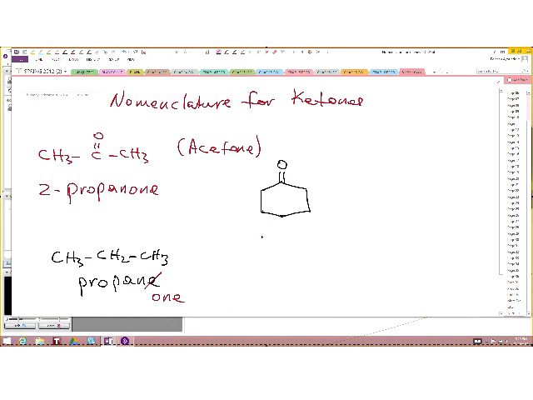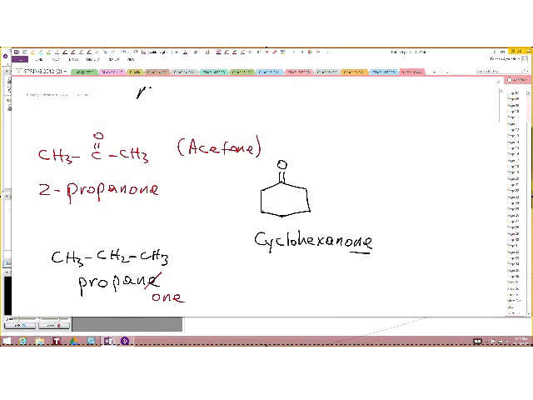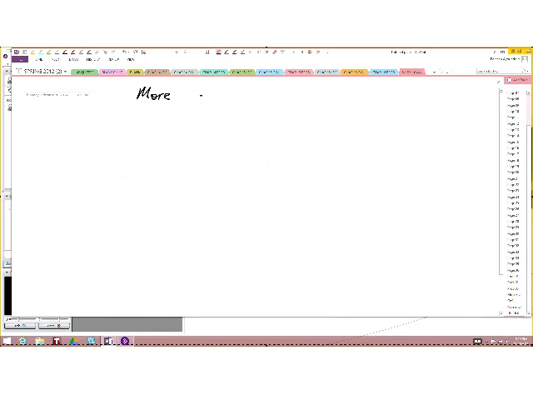And therefore, we remove the E ending of cyclohexane, and we add the suffix O-N-E, so this becomes cyclohexanone. Okay, other examples. More examples of nomenclature.